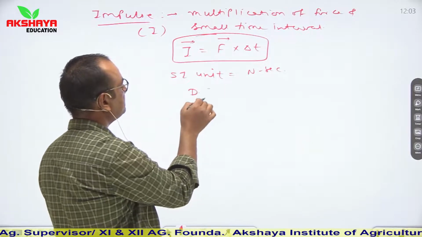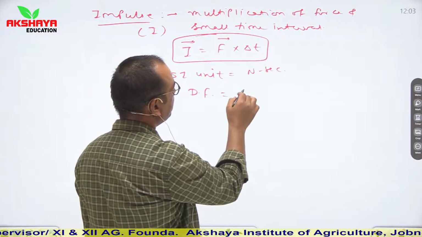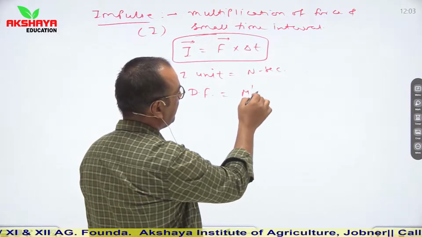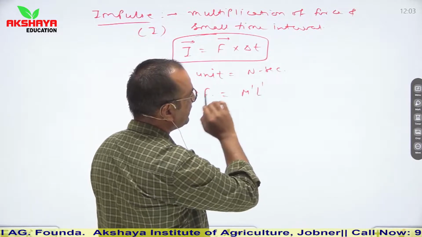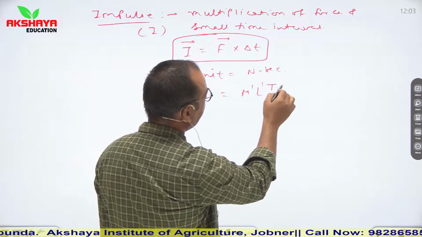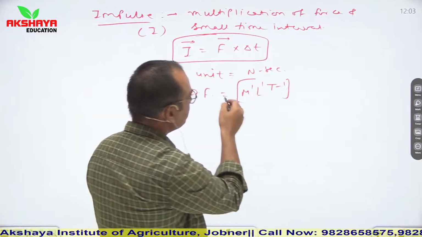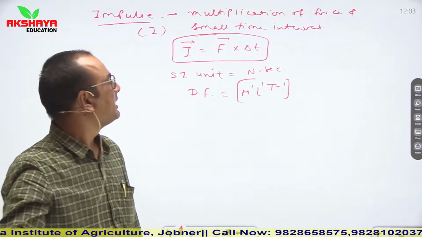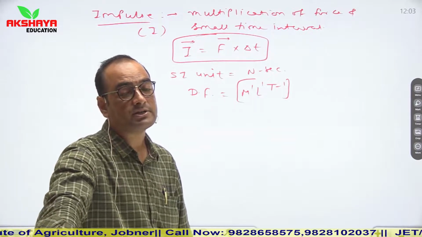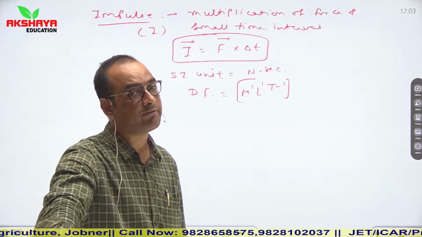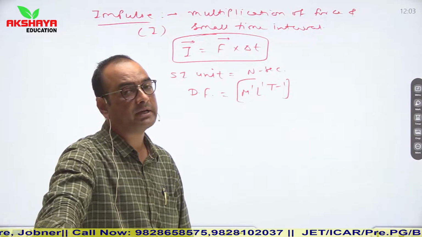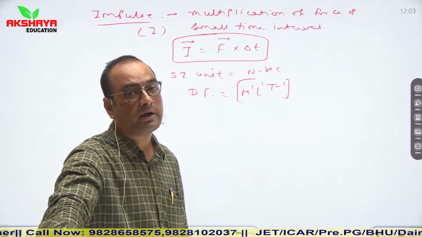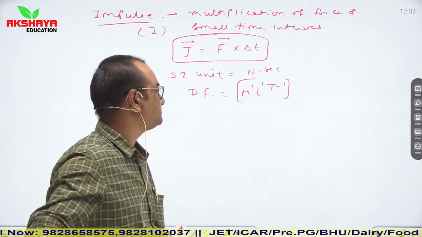Its dimensional formula is Newton, M1 L1 T minus 2, multiplied by second, T1, so it is M1 L1 T minus 1. So it is clear from its dimension that the dimension of impulse is equal to the dimension of momentum. So momentum and impulse are two quantities which have the same dimensions.